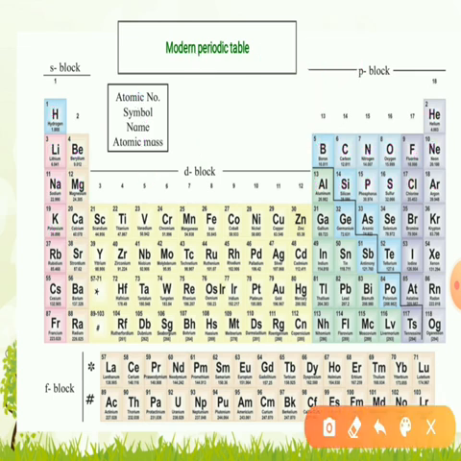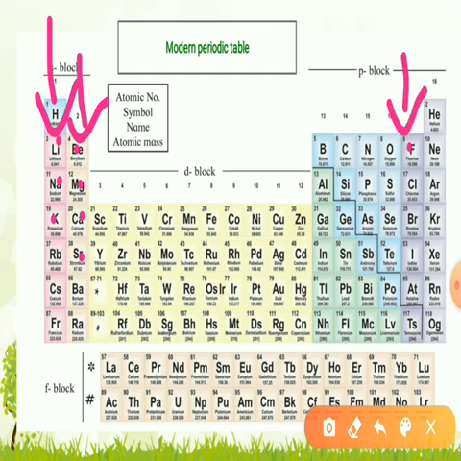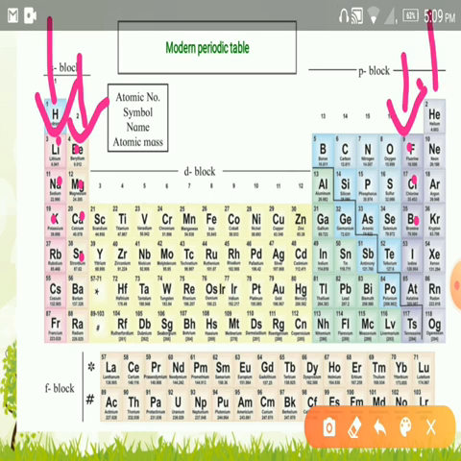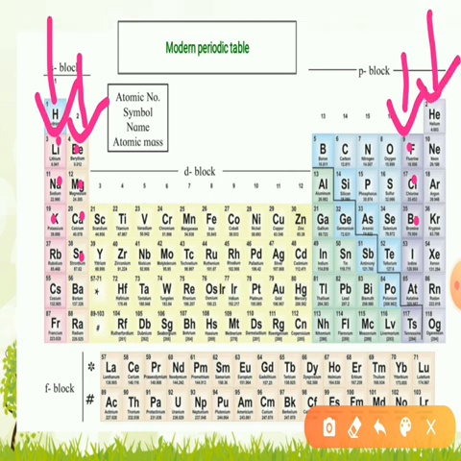Along with that, the alkali metals, which are lithium, sodium, potassium and so on; the alkaline earth metals, which are beryllium, magnesium, calcium, strontium and so on; then the halogens, which are fluorine, chlorine, bromine and so on; and noble gases like helium, neon, argon, krypton and so on.